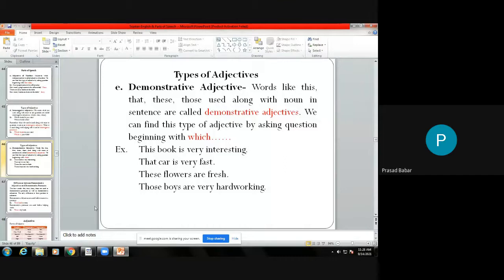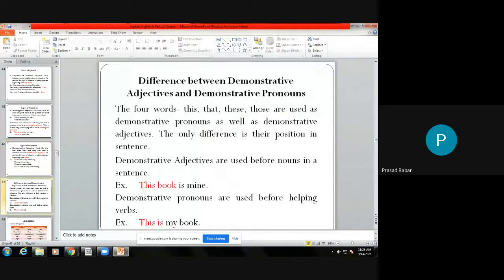Okay, and if we use them along with the helping verb, then it will work as a demonstrative pronoun.